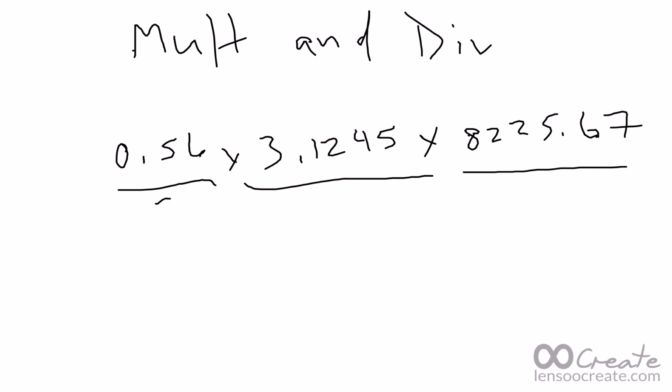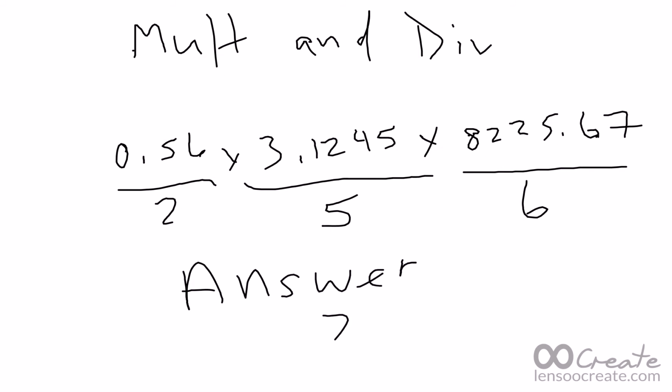So if you look, this one has 2, this one has 1, 2, 3, 4, 5, this one has 1, 2, 3, 4, 5, 6. So that means the answer to this could only have 2 significant figures. All right.